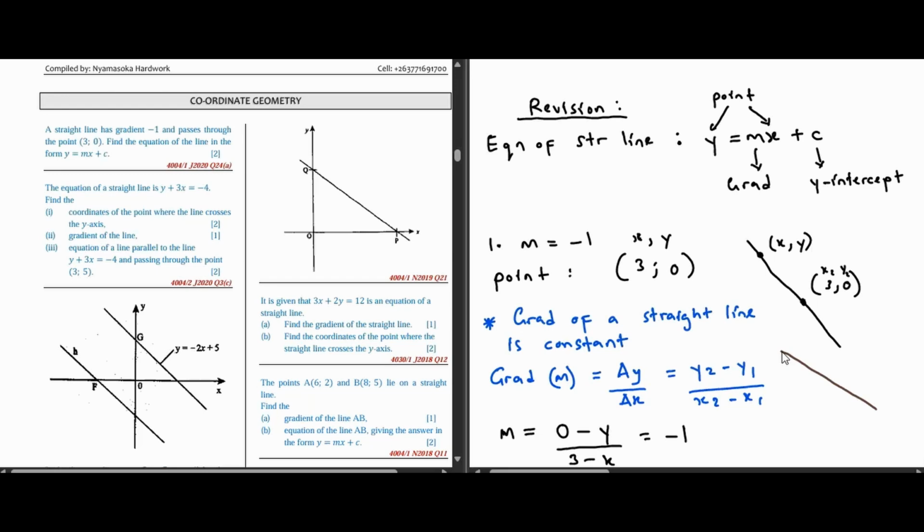Tapiwa the gradient, tapiwa yepoint. Toda kushandisa the gradient and the point tsvaga the equation of a line. Then tobva tanoita take note of the point 3, 0. Tobva tacreate another point tikati ndiani xy. Tikashandisa mapoints aya ari 2 kutsvaga gradient.